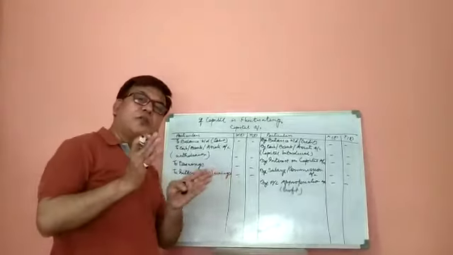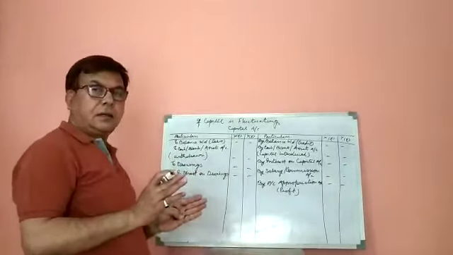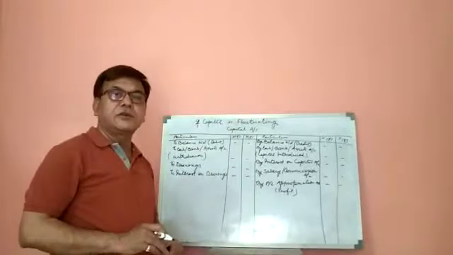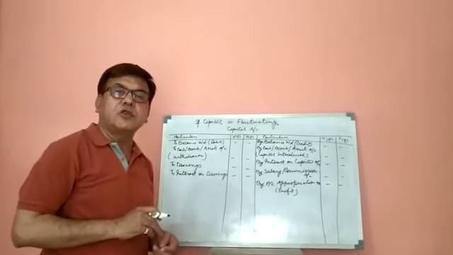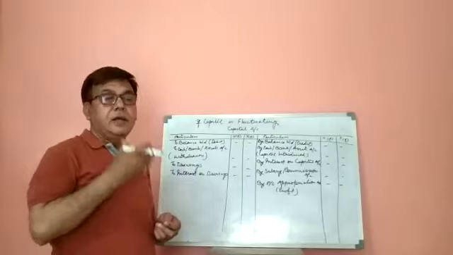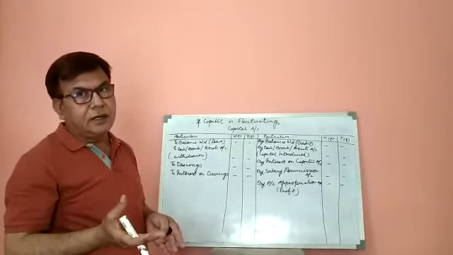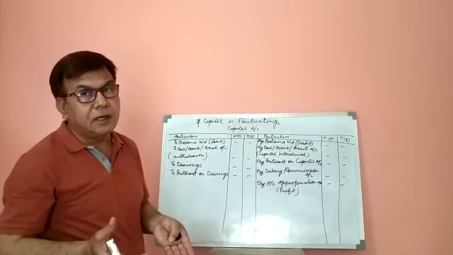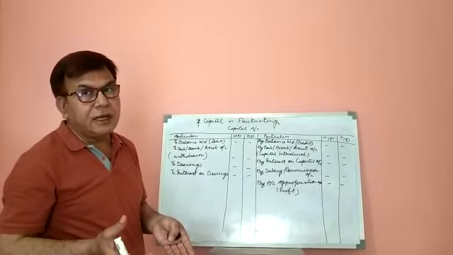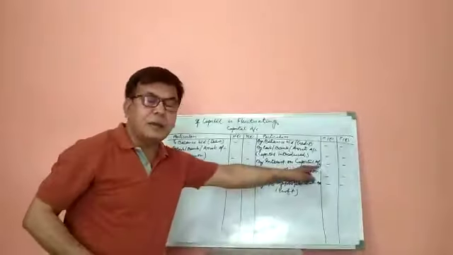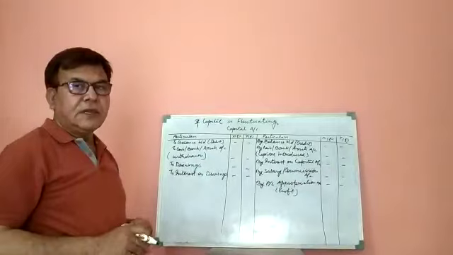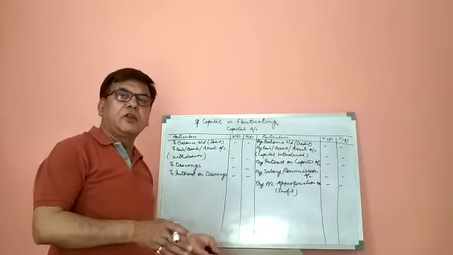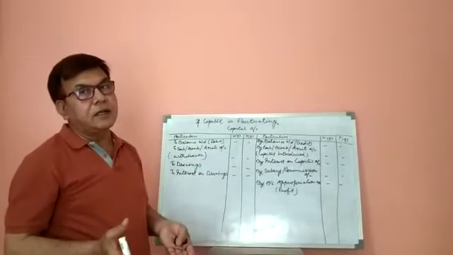If you match it with the entries, you will find that this is totally based on the entries. For example, for interest on capital, we used to do the entry interest on capital account debit to partner's capital account. So how will you show it in the capital account? By interest on capital. For salary or commission account debit to partner's capital account.